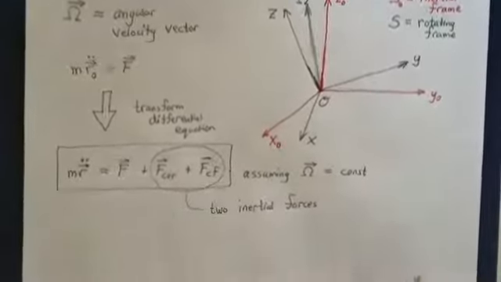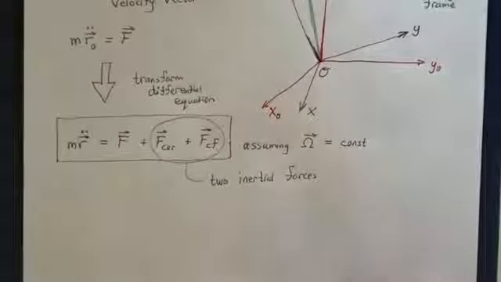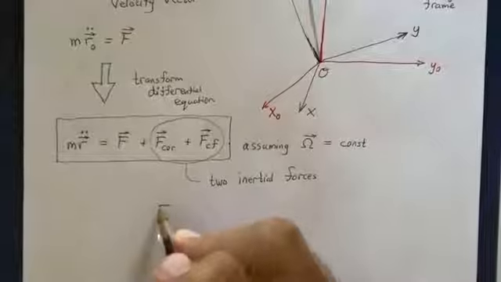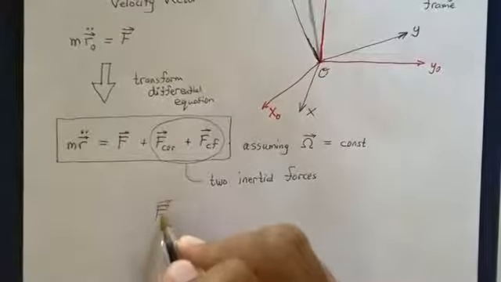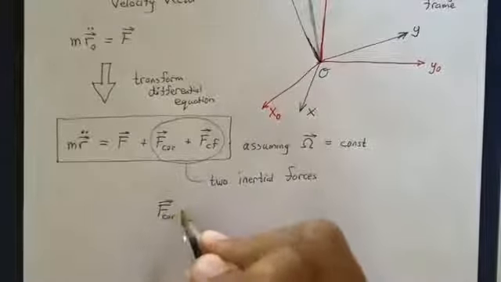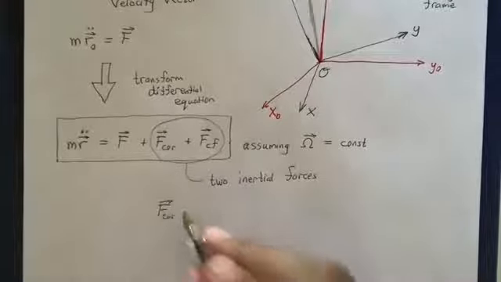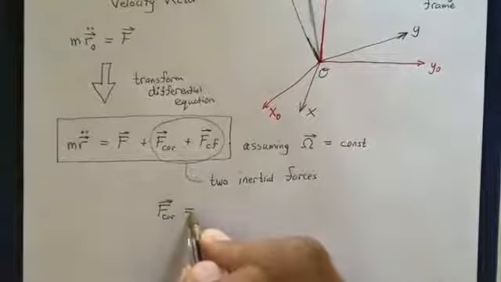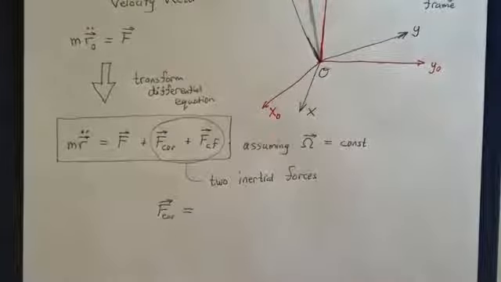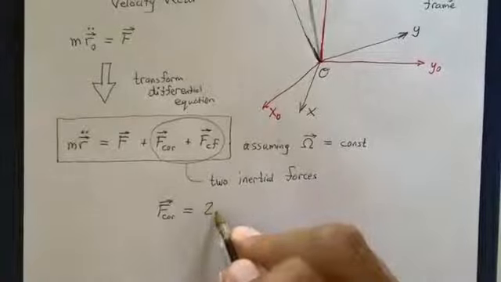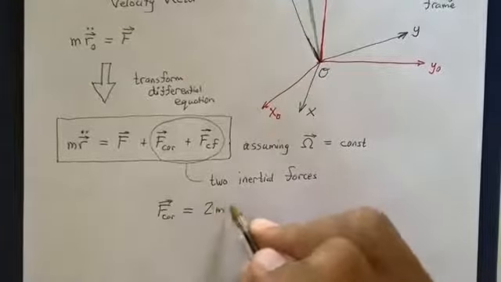Okay, so we have these two inertial forces. Let's write down the formulas just so we have some nice clear formulas. By that I mean this was a rather abstract discussion. Let's actually write down the formula. The Coriolis force, that's 2m.